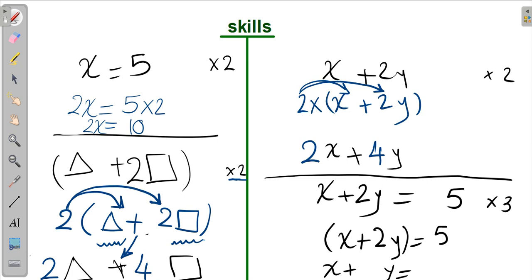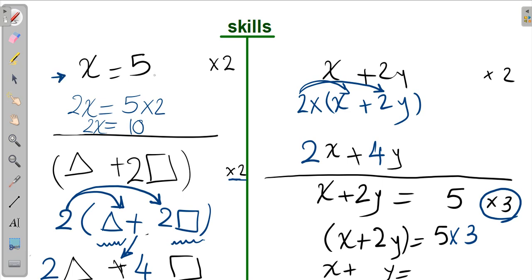Now, the last thing, if you have a box, it contains x plus 2y and x plus 2y equal 5. We need to get this equation times 3. Simply you will say 5 times 3. Okay, but remember the first skill there.